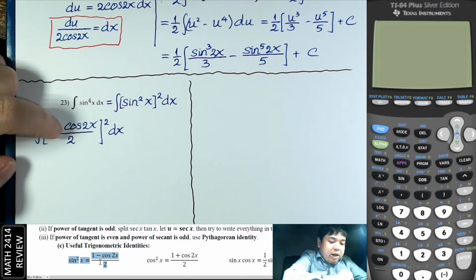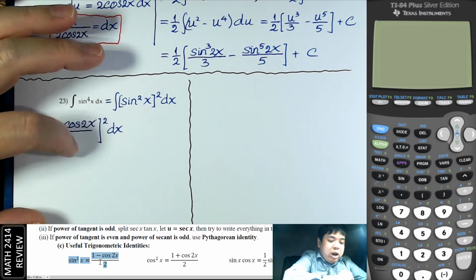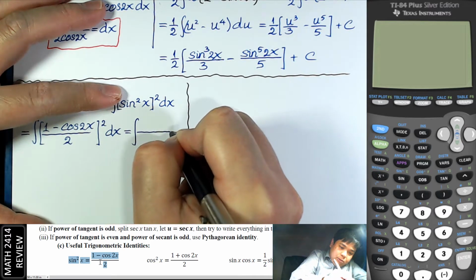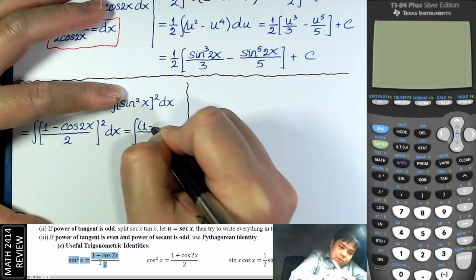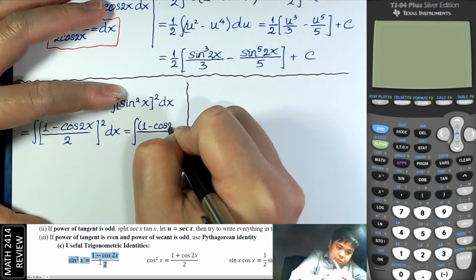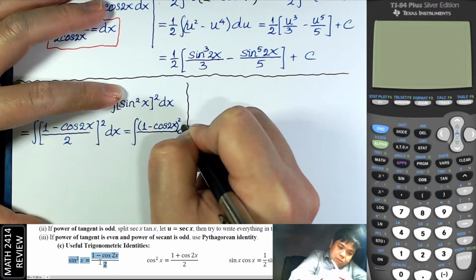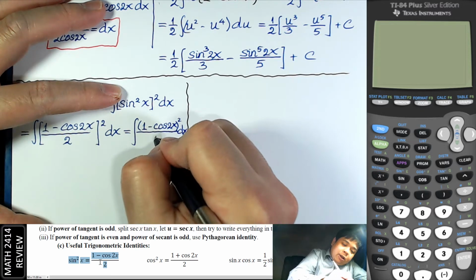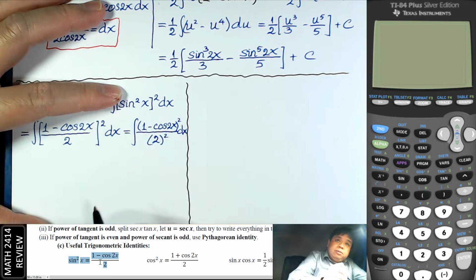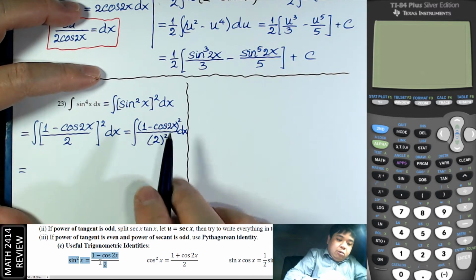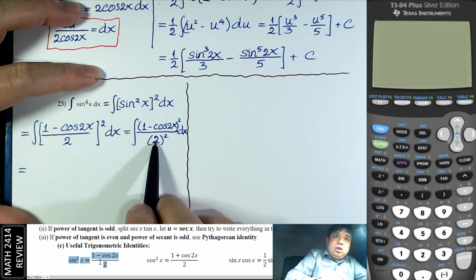And when we square this, the square goes to the top, the square goes to the bottom. The bottom is 2 square.